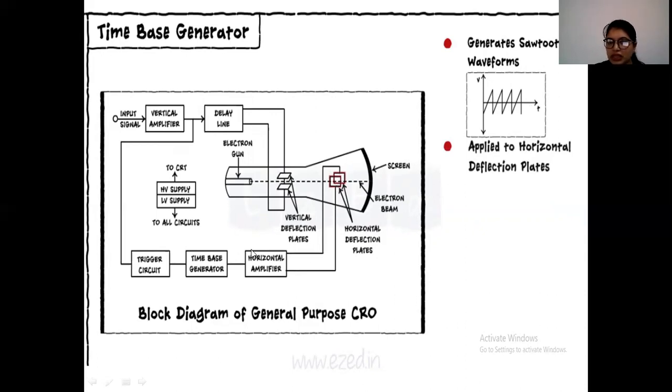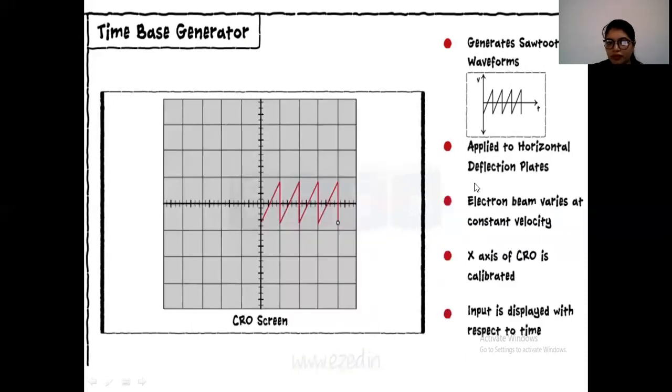So the generated sawtooth wave will be applied to these horizontal deflection plates. As you can see, it will generate a sawtooth wave like this, and then this signal will be applied to horizontal deflection plates. Now the electron beam will move at constant velocity.